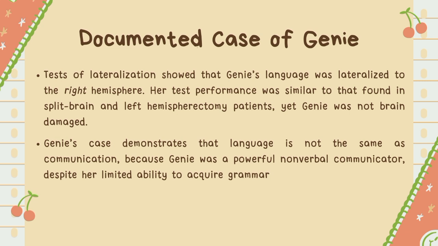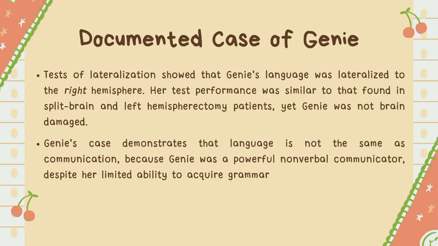She used gestures, facial expressions, and other nonverbal cues effectively to convey her thoughts and needs. This demonstrates that while language, or structured grammar and vocabulary, is a key component of communication, it is not the only means of conveying information and interacting with others.